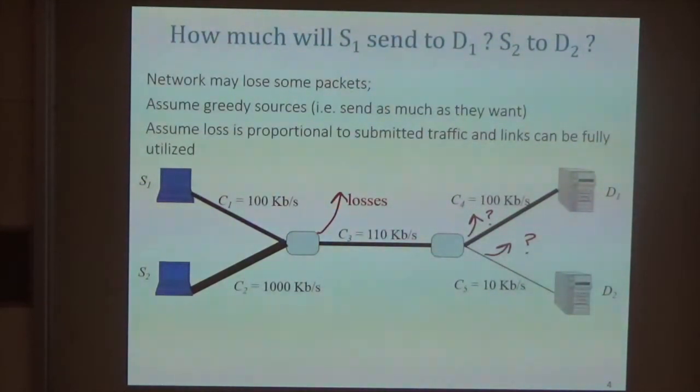To simplify the analysis, let me assume that dropping is perfectly fair and that we drop in proportion to the bit rate of each of the flows. So here we need to drop 90%. So I assume I drop 90% of the traffic coming on C1 and 90% of the traffic going here. That is assuming loss is proportional. That's a highly academic assumption.